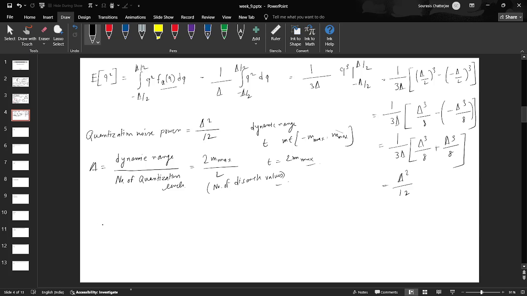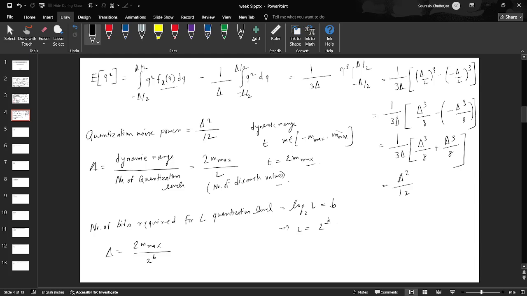So you see that we have some L number of quantization levels, and the number of bits required for L quantization levels is given as log base 2 L. So if I denote the number of bits as B, this L can be written as 2 to the power B. So we can represent delta as 2 m max over 2 to the power B.